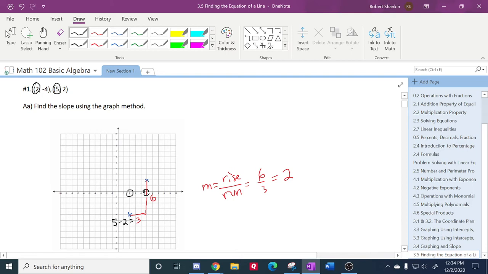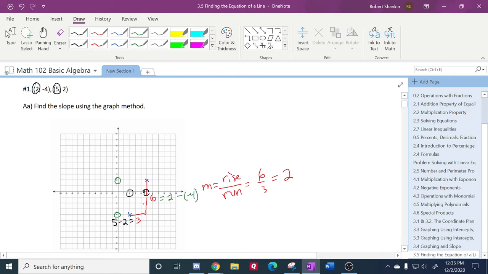Similarly, the -4 and the +2, let's do this in green. You take the one on the right minus the one on the left, or the rightmost of these 2 listed points, to subtract -4.